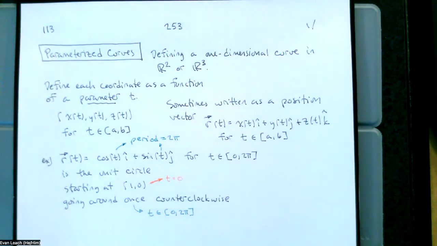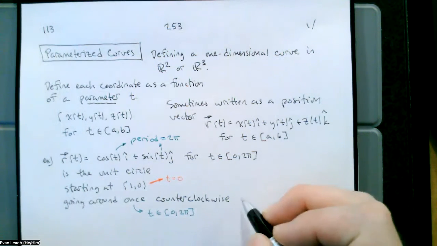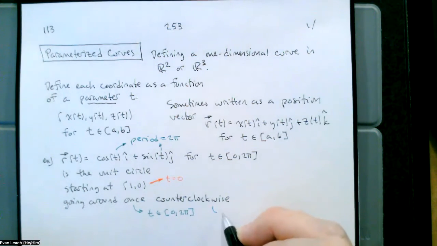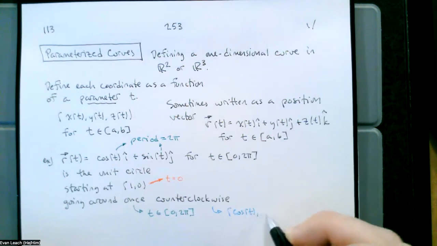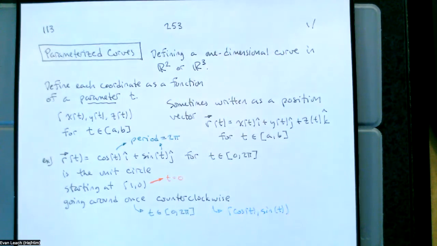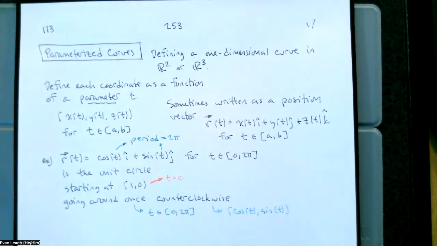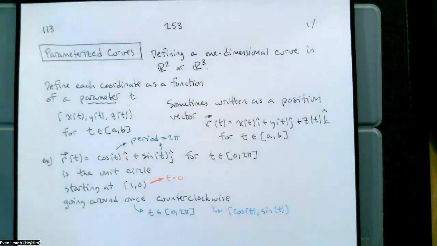Counterclockwise has to do with how we define the 0 and the positive values of t. The counterclockwise business is that the cosine starts off at 1, sine starts off at 0, and t goes from 0 to pi over 2, which makes things go counterclockwise.